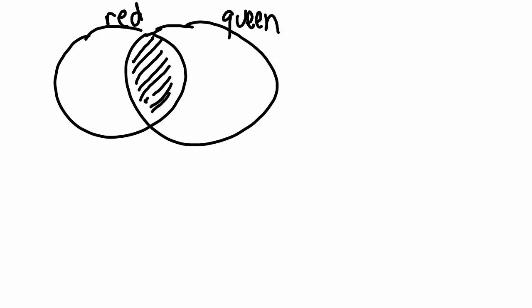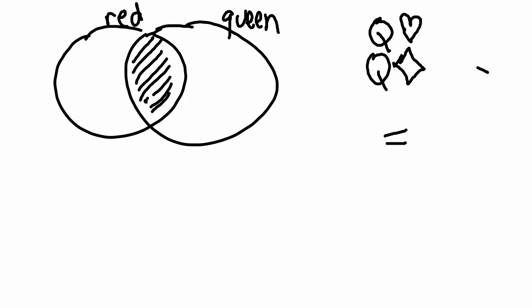You can have a queen and it be red, and that would be the queen of hearts and the queen of diamonds. So there's two ways that you can have a red queen both at the same time. So the probability of that happening would be 2 out of 52. So these two events are not mutually exclusive.